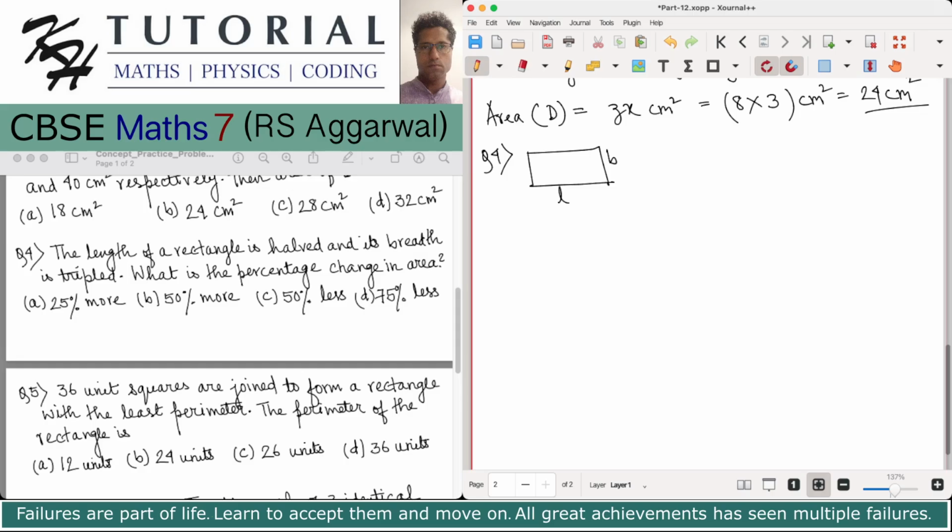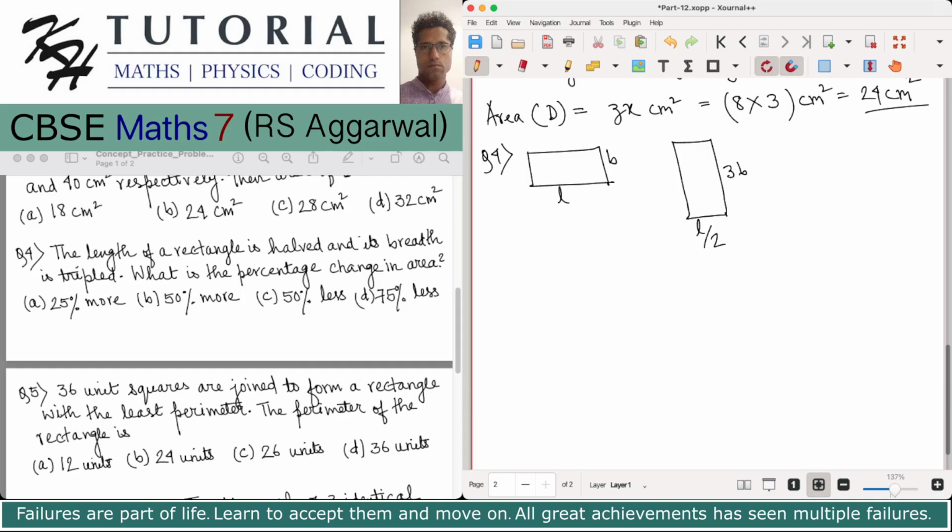Let's say this becomes the new rectangle. So this is L by 2, since the length is halved, and this is 3b, since the breadth is tripled. We have to find the area of these two rectangles and find the change in area.